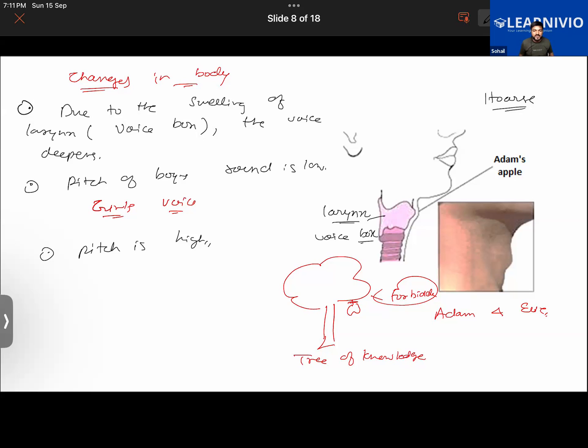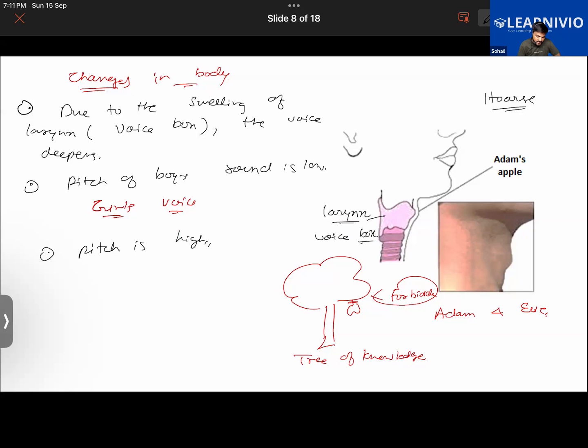Basically, you can understand pitch as the shrillness of a sound, which is determined by the frequency. If the frequency is high, the sound will have a high pitch. If the frequency is low, the sound will have a low pitch. That's why the voices of boys are deep and heavy: their frequency is low, and thereby the pitch is low.